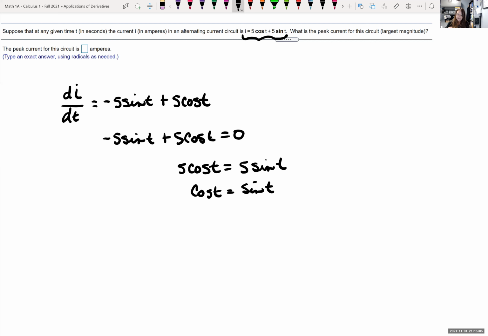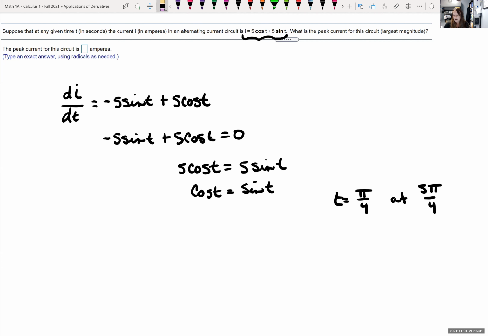So I know that this is at t equals pi fourths. And they're also both negative in the third quadrant, so at 5 pi fourths. But this is periodic.